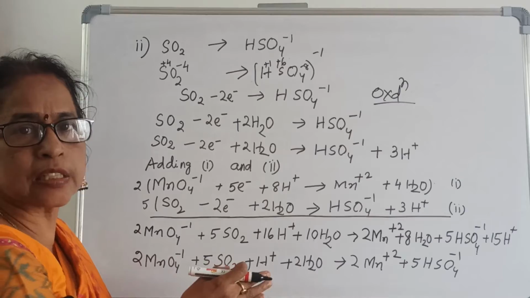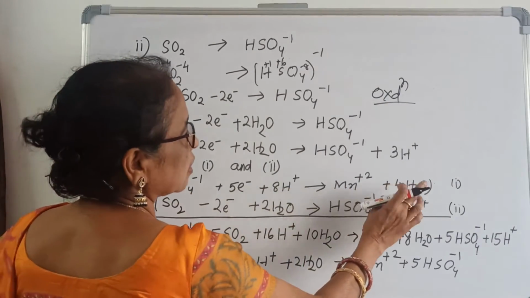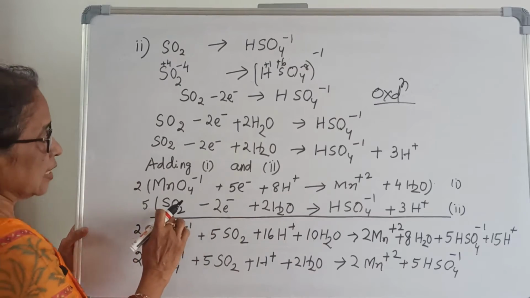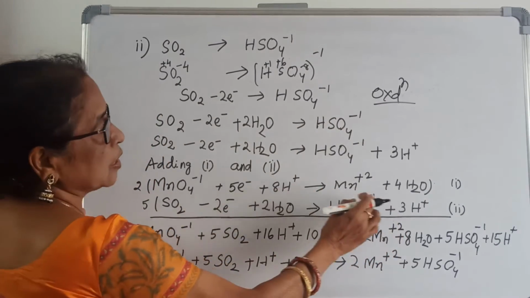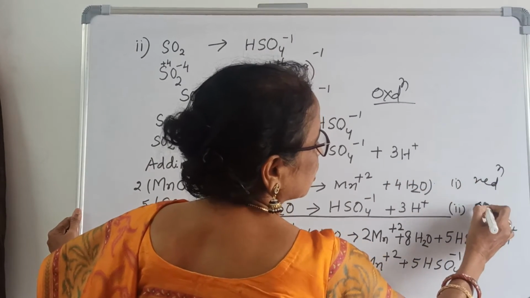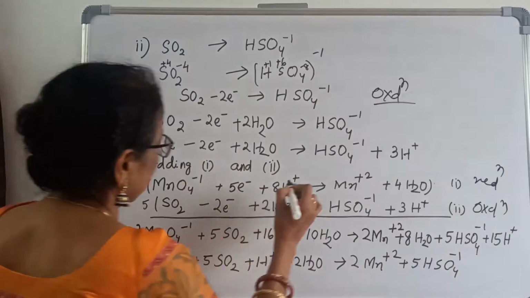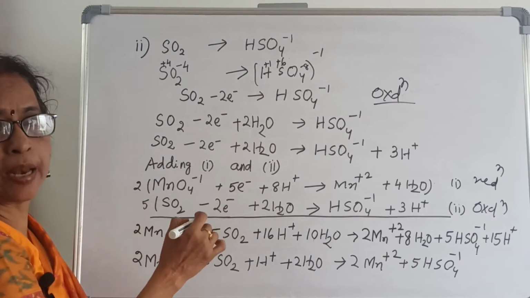We will add the 2 half reactions. This is the first reaction, and this is the second half reaction where oxidation takes place. The first is reduction and this one is oxidation. But electrons should be balanced.